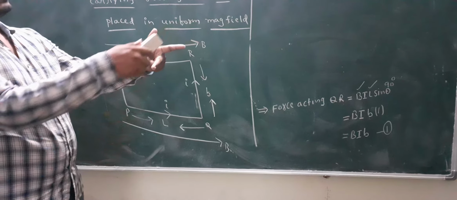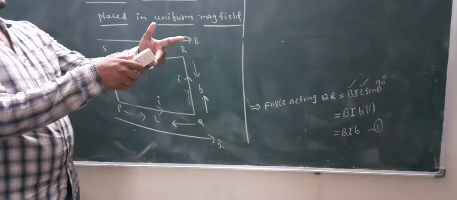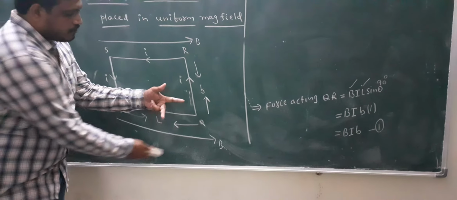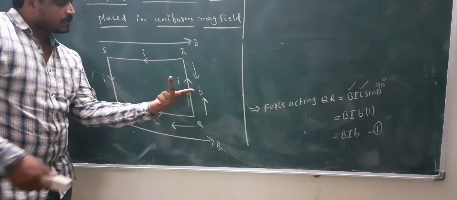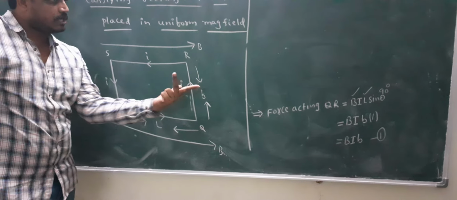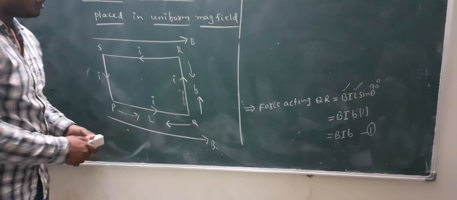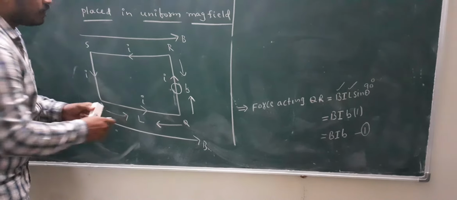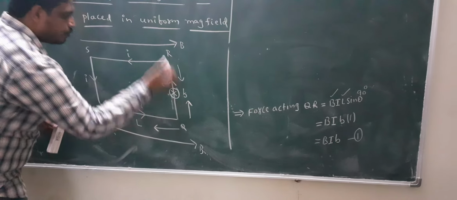Magnetic field, current, force. Here the current is upward, the thumb indicates force. Here the force acts inward.